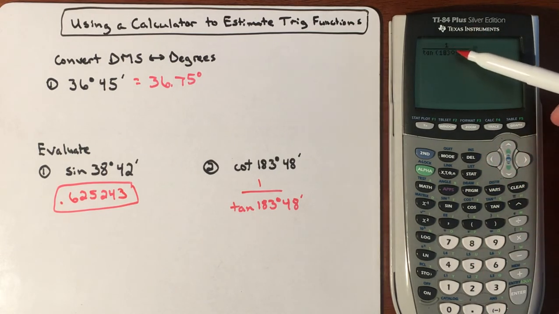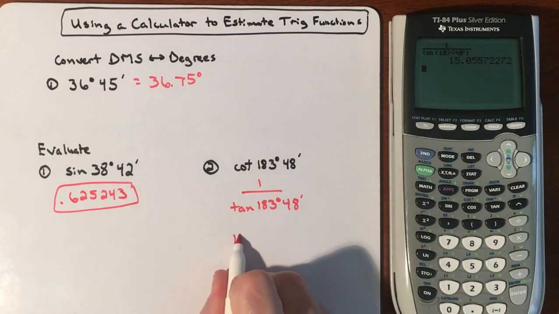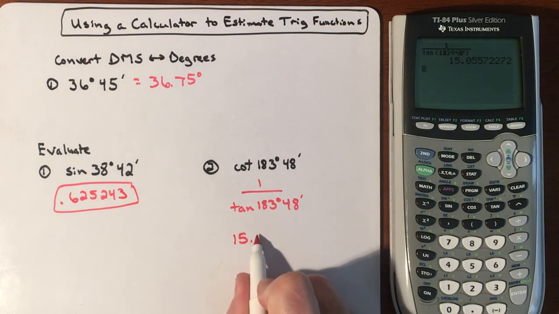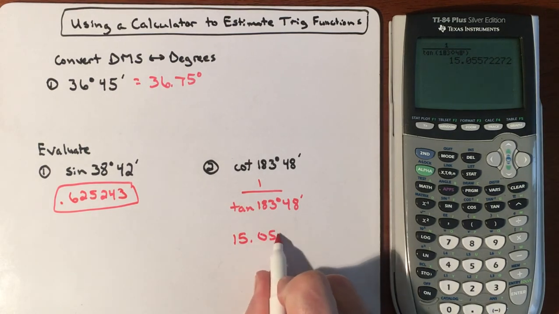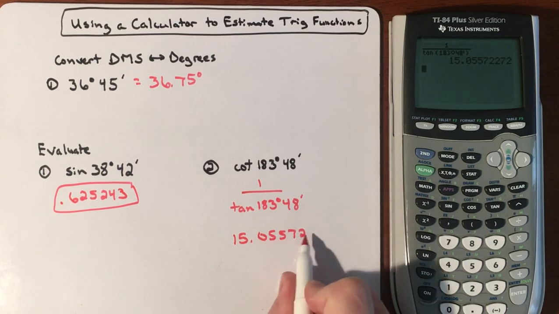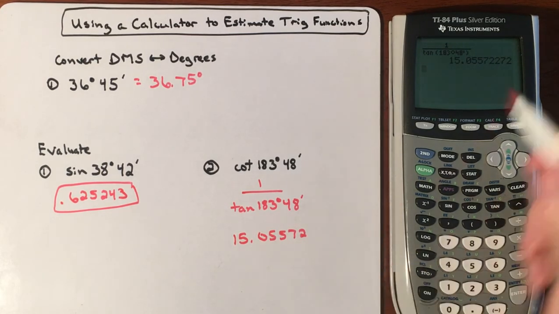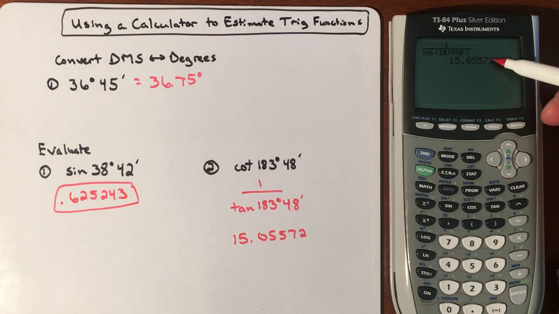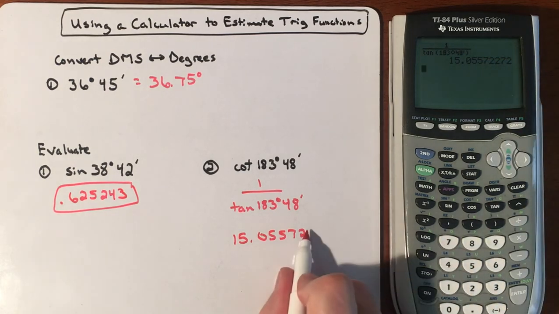So 183 degrees, 48 minutes, press enter, and we're getting 15.0557, so 1, 2, 3, 4, 5, and 1, 2, 3, 4, 5, 6. The 7 makes the 2 go to a 3.